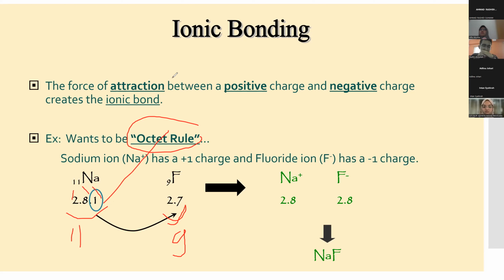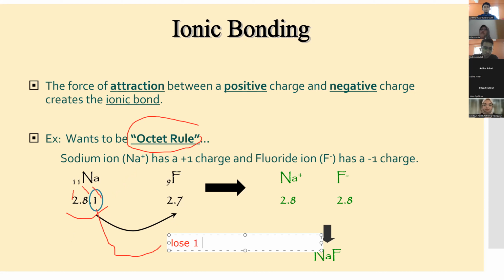So for sodium to achieve an octet, it has to lose 1 electron to become 2 and 8.